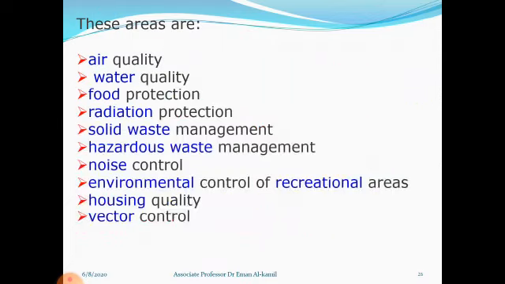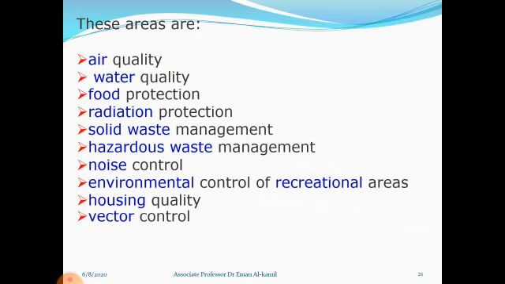These areas include, as we mentioned, the quality of air, water, and food, because all of these together affect health, or are regarded as a cause of different health problems. Radiation, and we are going to study the effect of solid waste by provision of different programs.